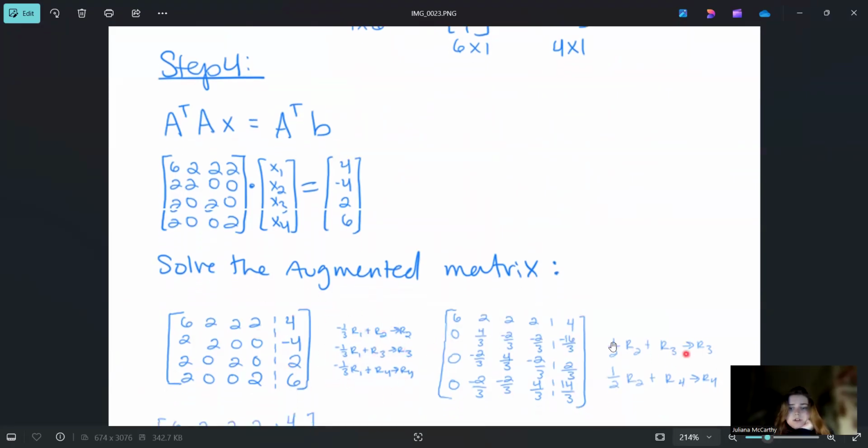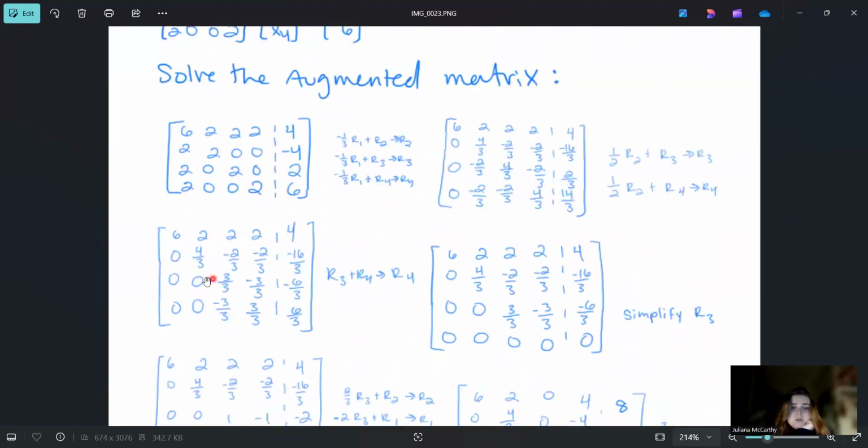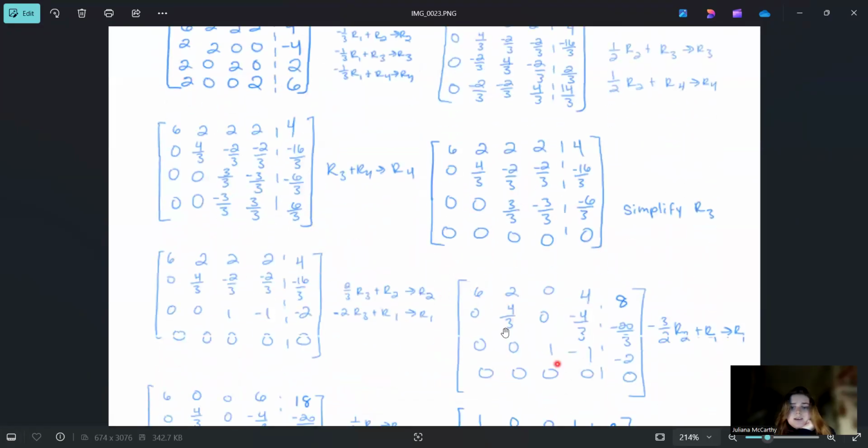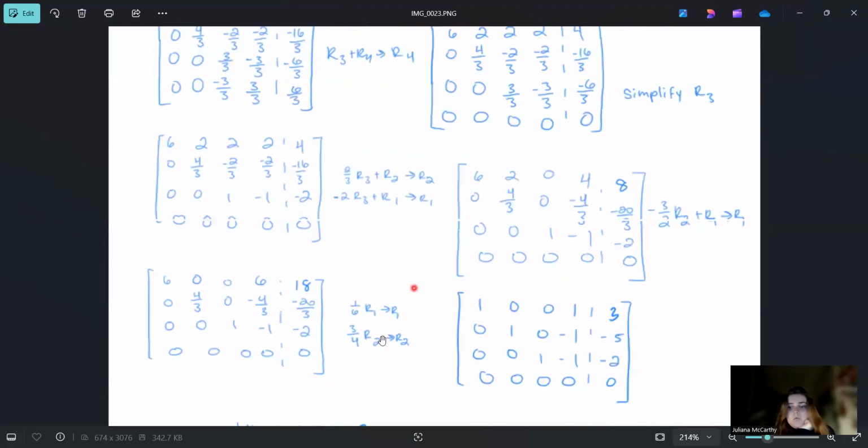We just find the zeros and get that diagonal using the different operations. Eventually we have our reduced row echelon form, with ones on the diagonals and zeros in all the pivot columns below the ones.